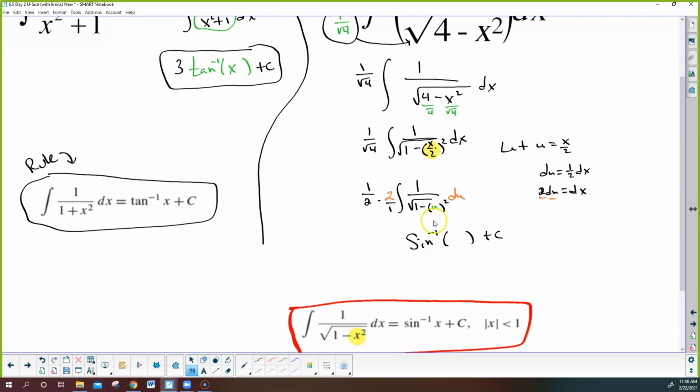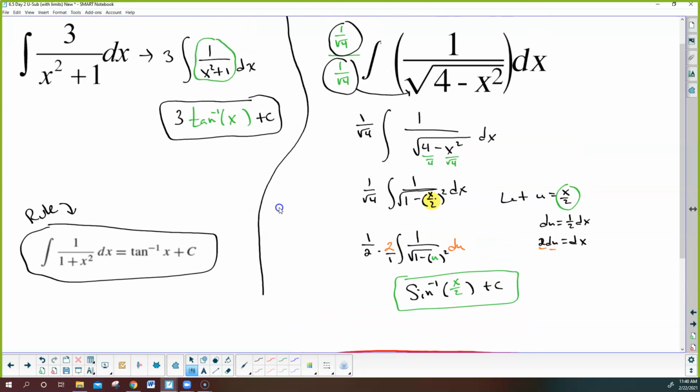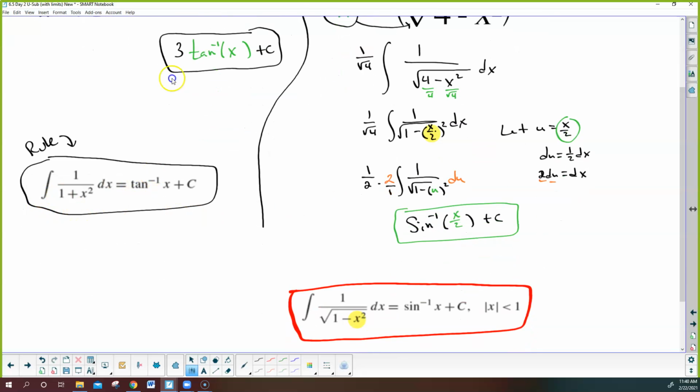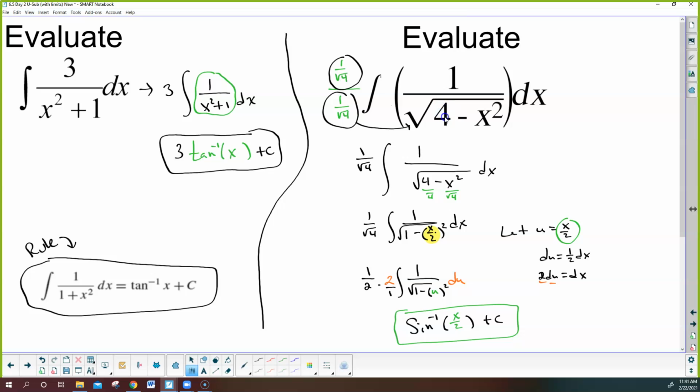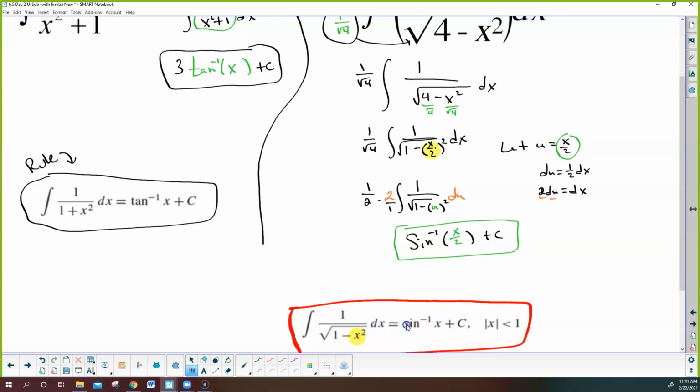And then I'm going to write u here, but I know what u is equal to, so I can rewrite it. I know you probably don't love that example right now. Completely fine. I wanted to show you the tangent one's a little friendlier because there's no square root. The sine one, just a little bit trickier. But our goal is to get this number to be a 1, so then I could apply the rule.